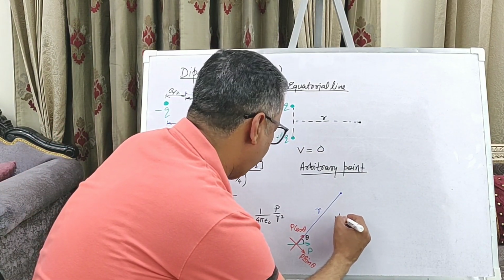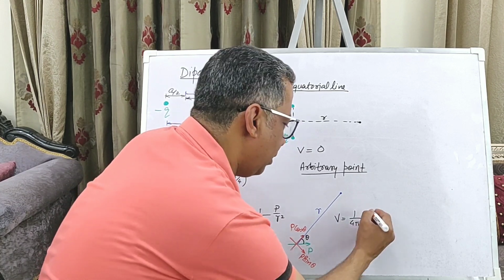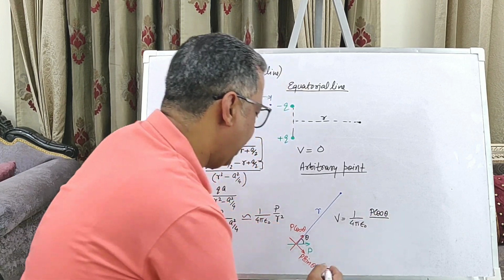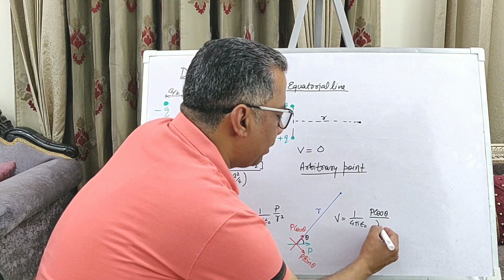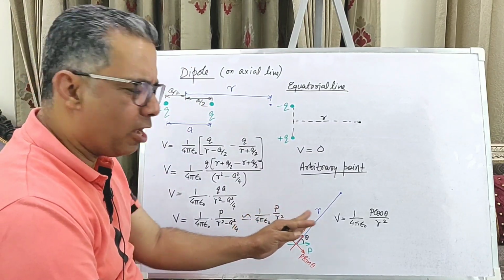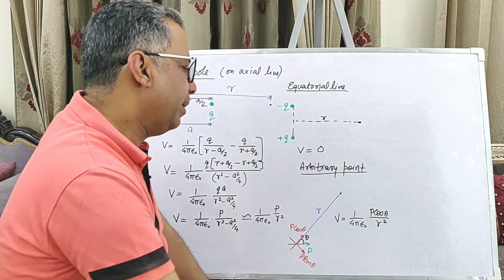We get V equal to 1 by 4 pi epsilon naught P cos theta by r square. In place of P now we have P cos theta, because that's the dipole we're looking at.